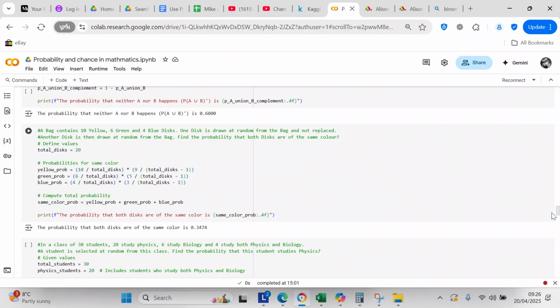And blue prob equals (4 divided by total discs) times (3 divided by total discs minus 1). Now we compute the total probability: same color prob equals yellow prob plus green prob plus blue prob. And the answer is 0.3474.